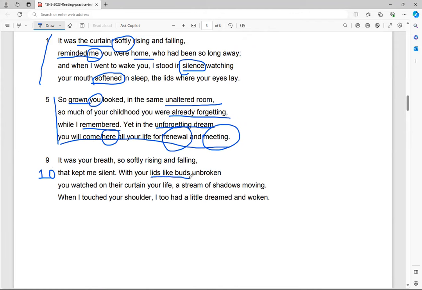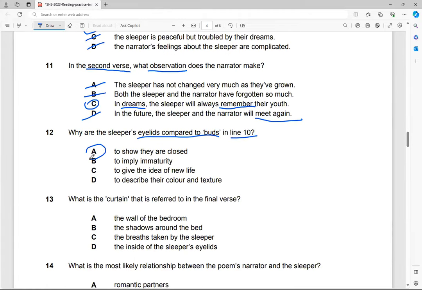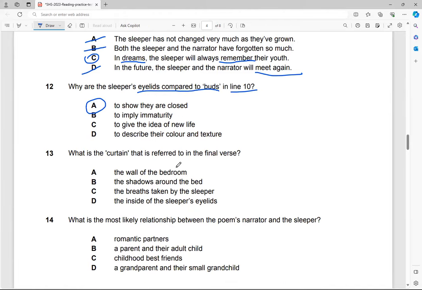So here we get the comparison of the lids to buds, and the descriptor given to this comparison is unbroken. So that they're saying that the sleeper's buds are unbroken, their eyelids are unbroken. What does unbroken mean? It means unchanged, unopened, right? So that possibly means that the lids are not open, they are closed, which best matches A, to show that the eyelids are closed.